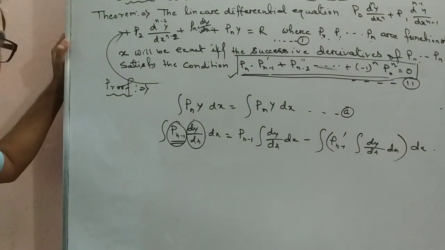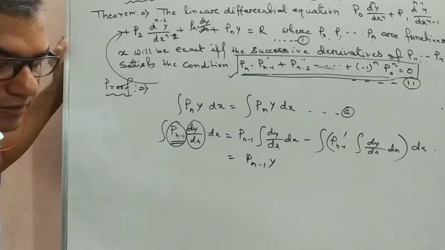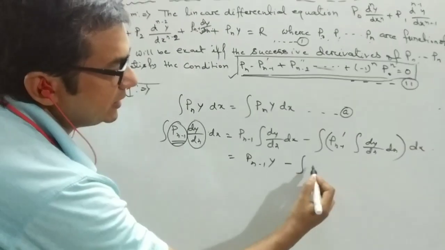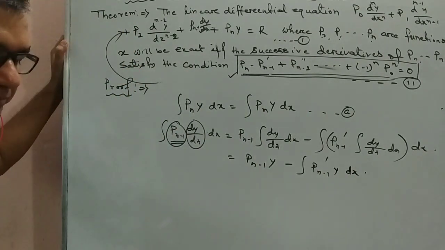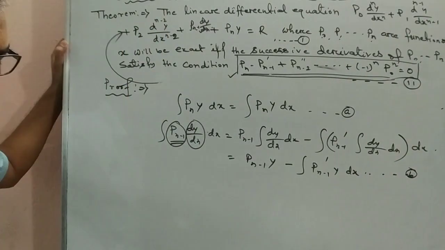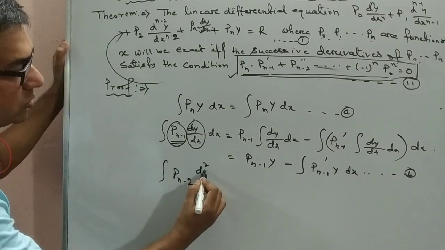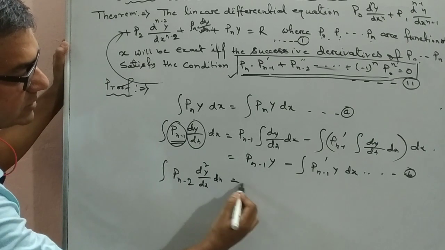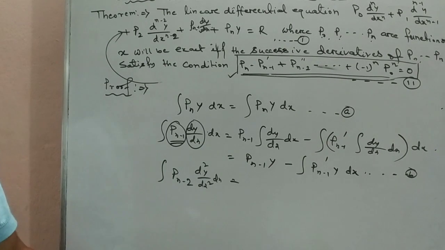This is the formula of integration by parts, and this gives the result P_{n-1} y minus the integral of P_{n-1}' y dx, and we take this as D. Now the integral of P_{n-2} d²y/dx² dx, in a similar manner we integrate this by parts.